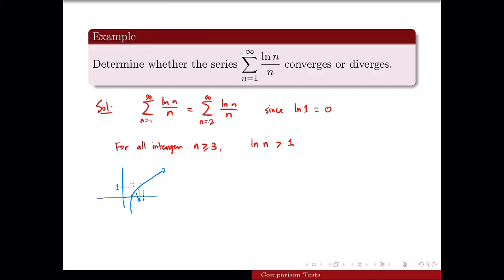So what do we have? This means that 1 over n will be less than ln n over n for all n greater than or equal to 3.